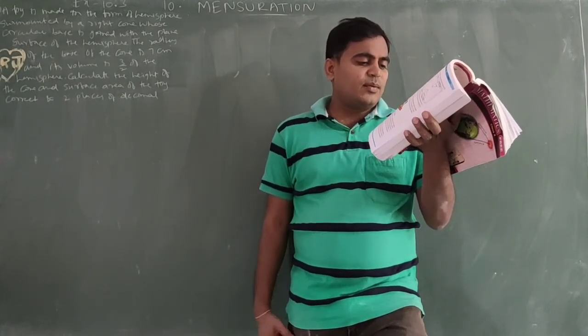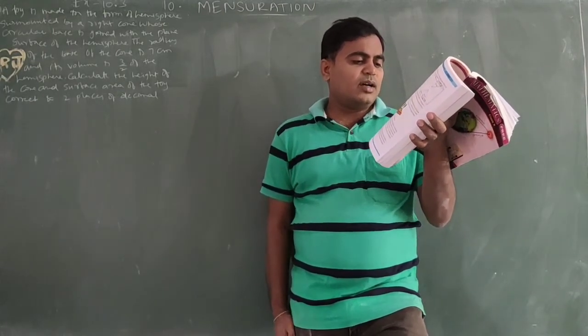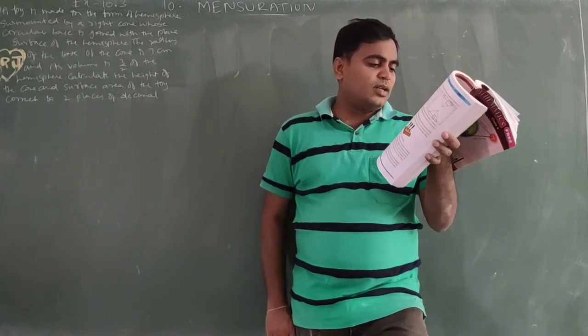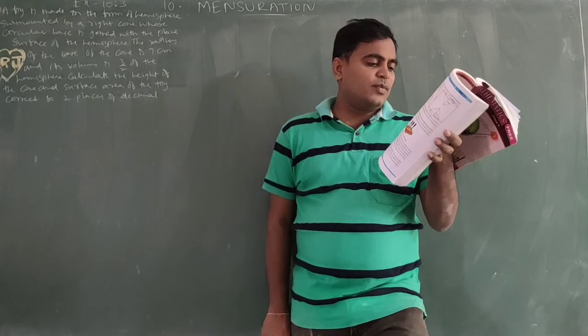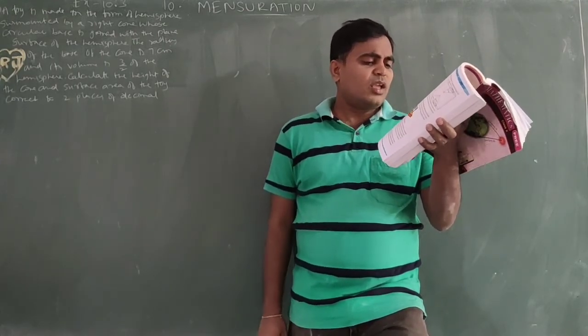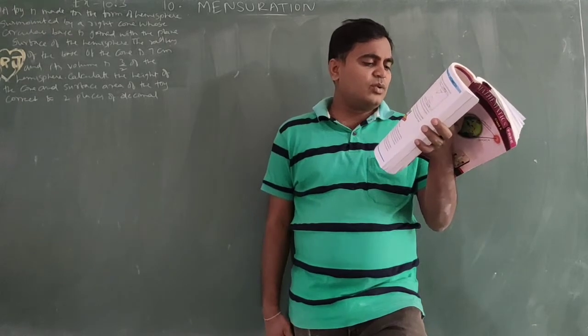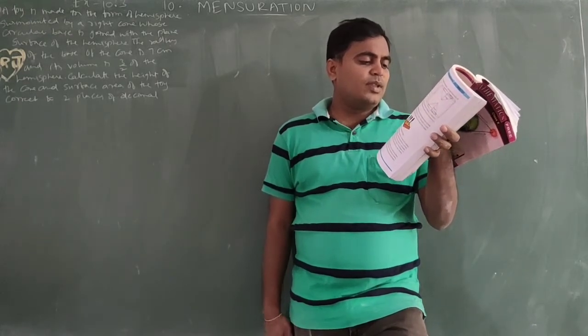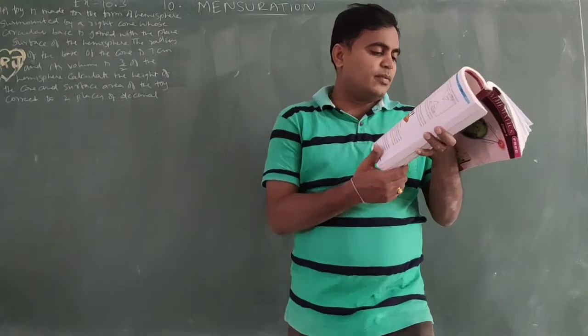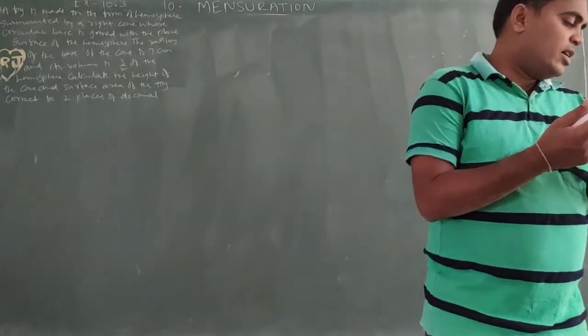The radius of the base of the cone is r equal to 7, and its volume is 3 by 2 of the hemisphere. The volume of the cone is equal to 3 by 2 the volume of the hemisphere. We need to find the height of the cone and the surface area of the toy.